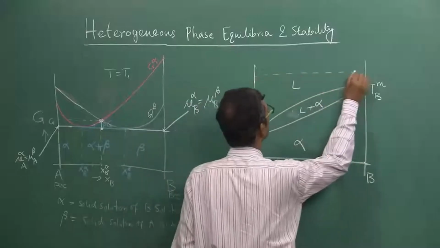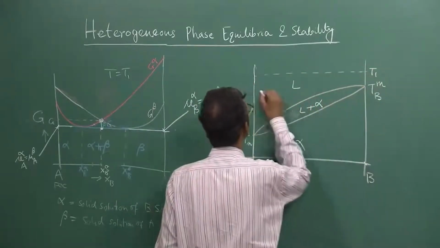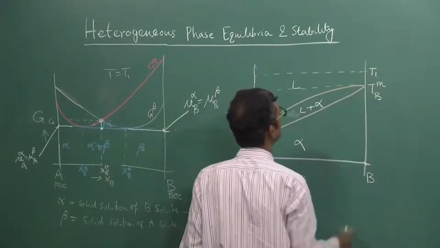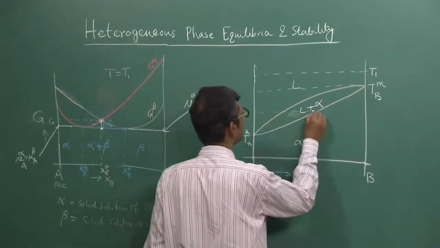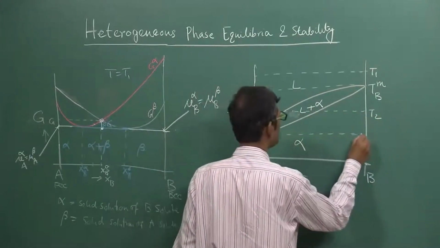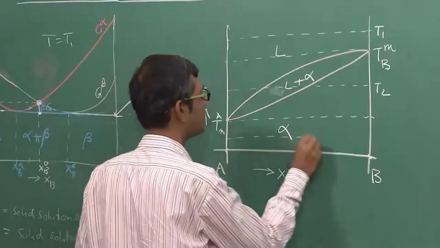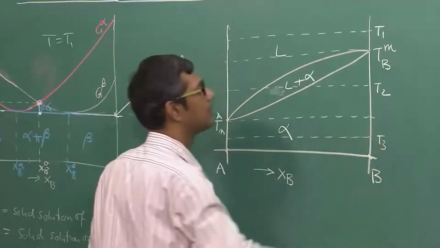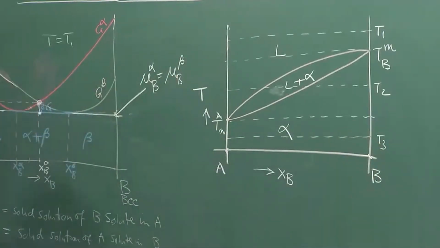Let us suppose I take this temperature T1, this temperature TMB, this temperature T2, this temperature TMA, and this temperature T3. These are horizontal lines, just like a tie line in a phase diagram.